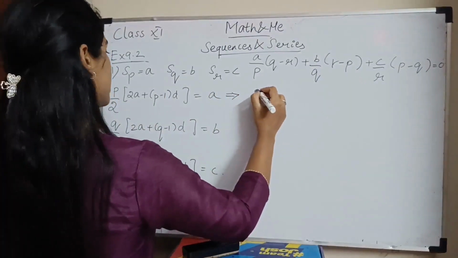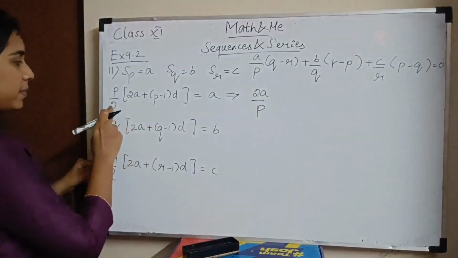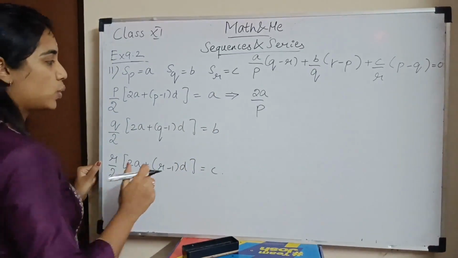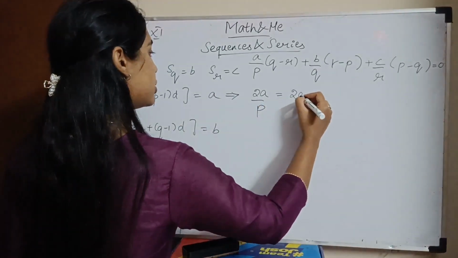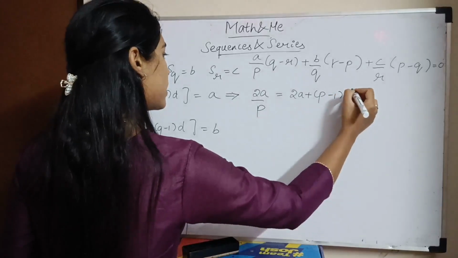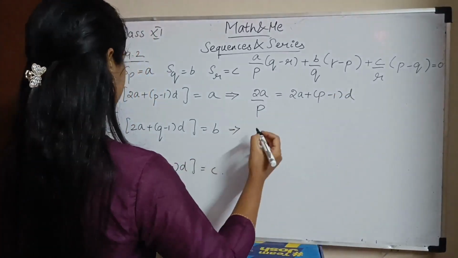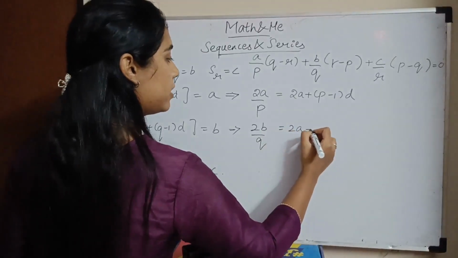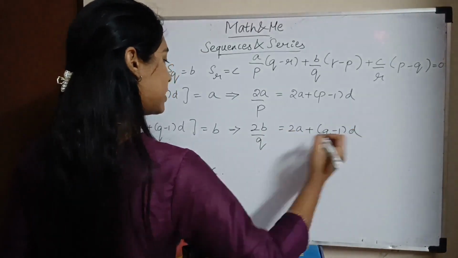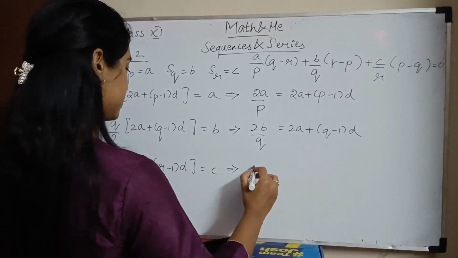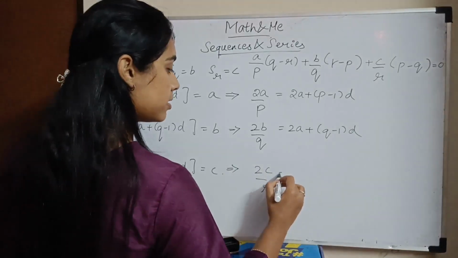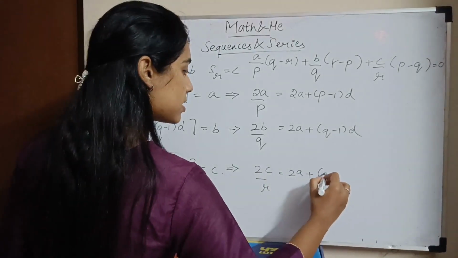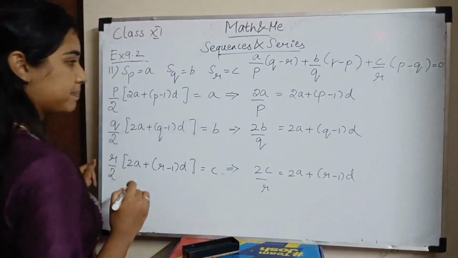I have 2A by P, bringing the P by 2 to this side: 2A by P equals 2a plus (P minus 1) d. 2B divided by Q equals 2a plus (Q minus 1) d. 2C divided by R equals 2a plus (R minus 1) d.